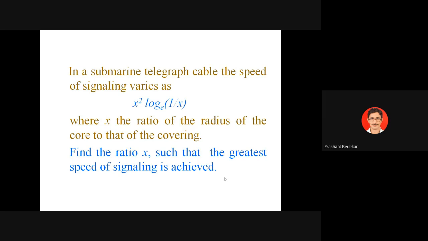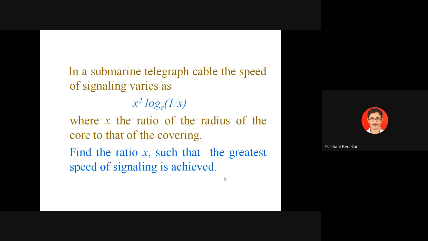But keep in mind that our aim is to achieve the greatest speed of signaling. Achieving the greatest speed of signaling means we will try to maximize x square log to the base e 1 by x.